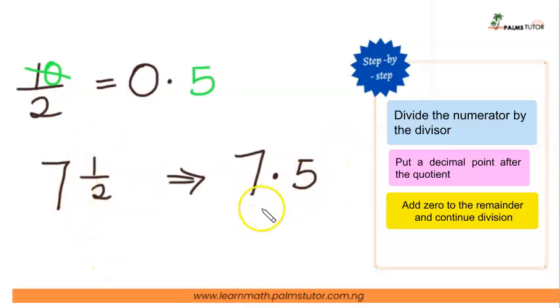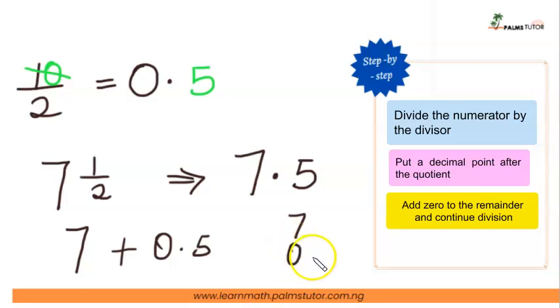So you have 7.5, because what that means is that you have a 7 plus 0.5. If you add these together, you have 7.5. So this comes in handy if you know offhand that half is 0.5.